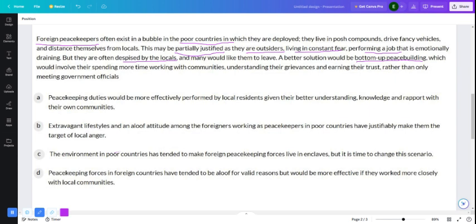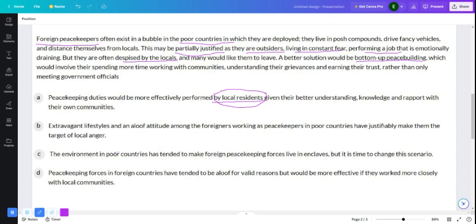Okay, so let's see. The first option is peacekeeping duties would be more effectively performed by local residents given their better understanding, knowledge, and rapport with their own communities. Look at this, local residents. Is there anywhere mentioned that the local residents will take the onus of this peacekeeping responsibility?